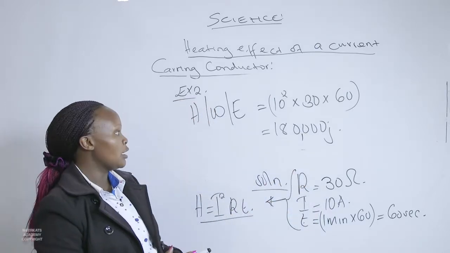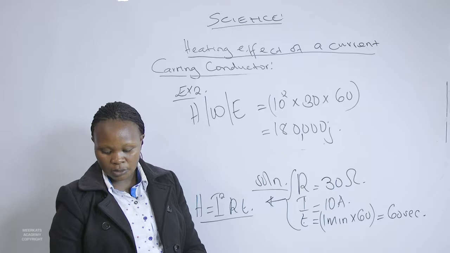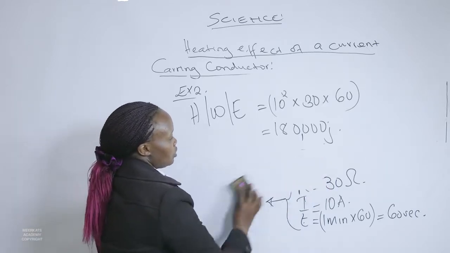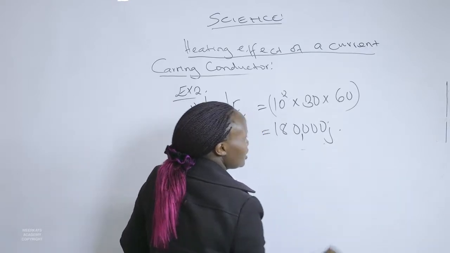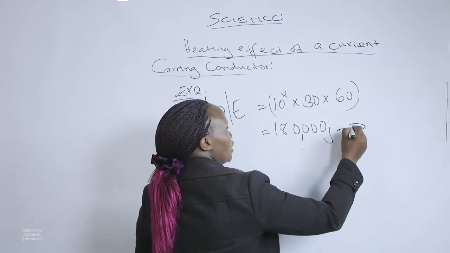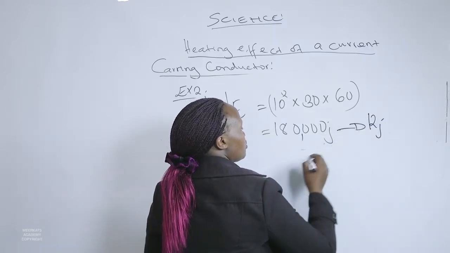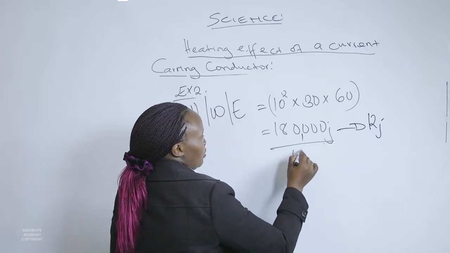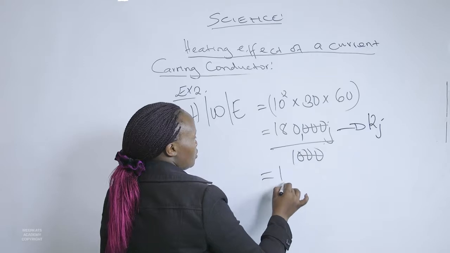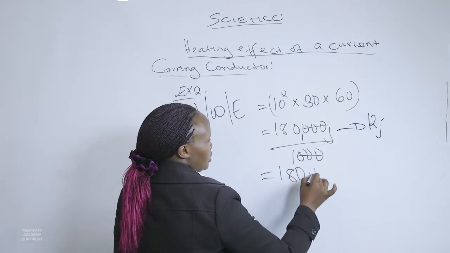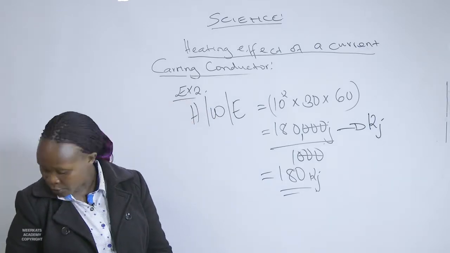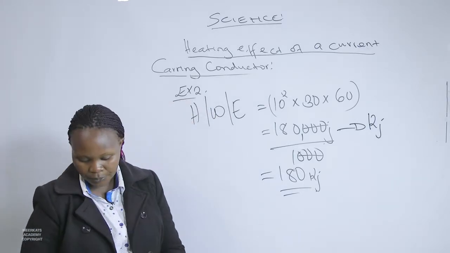But remember, the question required us to express our answer in kilojoules, so we can convert what we have into kilojoules, and this will be achieved by dividing by 1,000 throughout, so that we have now 180 kilojoules as our final answer.